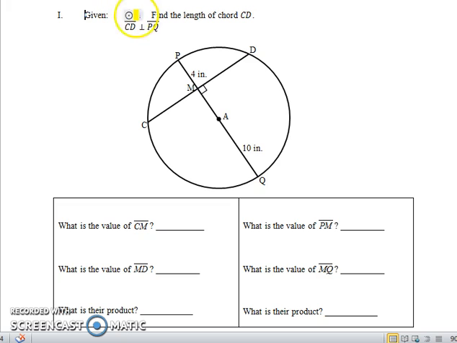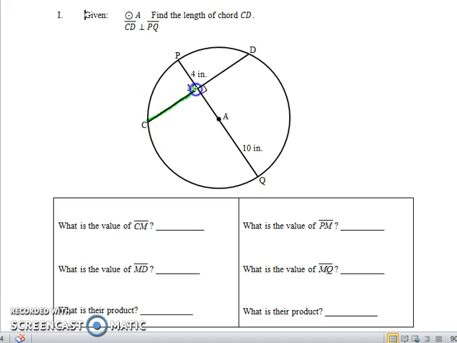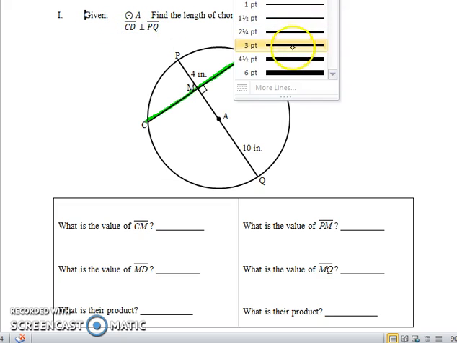So we're given circle A, so the center point is point A, and they ask us to find the length of the chord CD. So segment CD is a chord, and it's also given to us that segment CD is perpendicular to segment PQ.